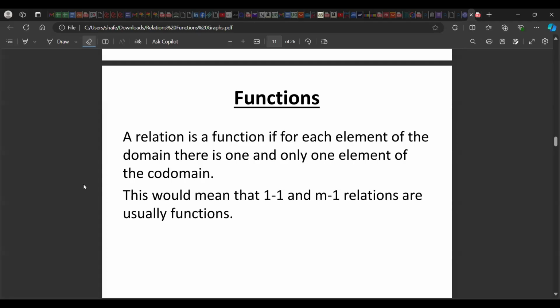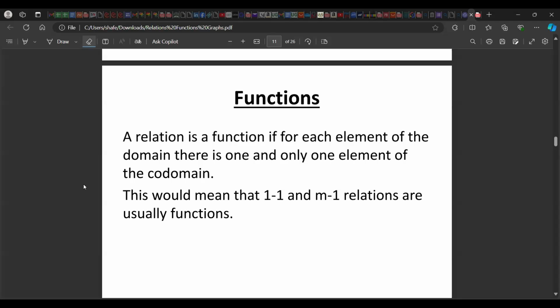It says that a relation can be classified as a function if certain conditions are met. What are these conditions? For each element of the domain, there is one and only one element of the codomain.